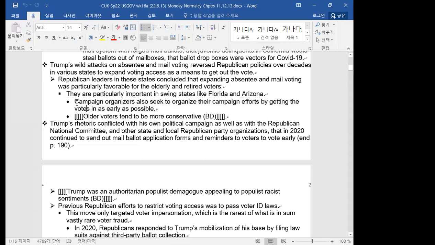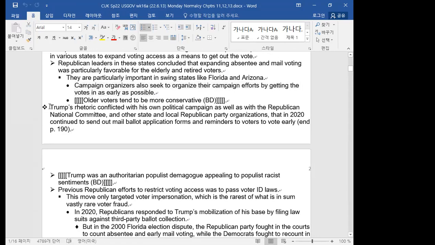So campaign organizers like to get this early voting through absentee and mail balloting, because they can get the task of getting their supporters to vote more likely to be completed instead of focusing all on one day. You've got to vote on the first Tuesday in the first week of November. Trump's rhetoric conflicted with his own political campaign as well as with the Republican National Committee and other state and local Republican Party organizations that in 2020 continued to send out mail ballot application forms and reminders to vote early.